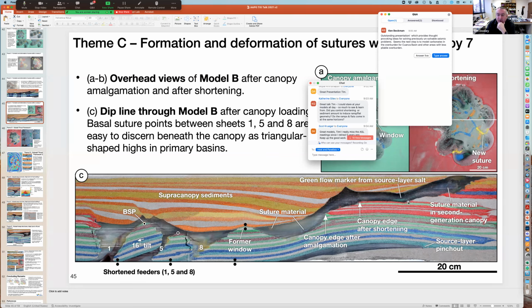So overall, during shortening, which occurred from here, if you can see, there's a ramp here, there's a flat, there's a ramp coming up. So they form because you add sediments on there.